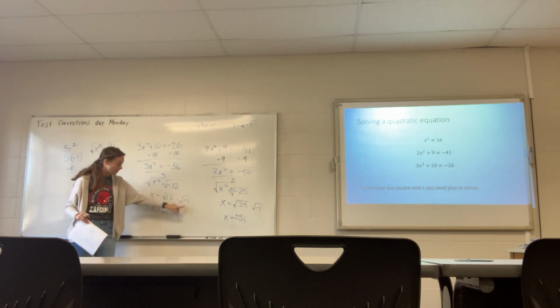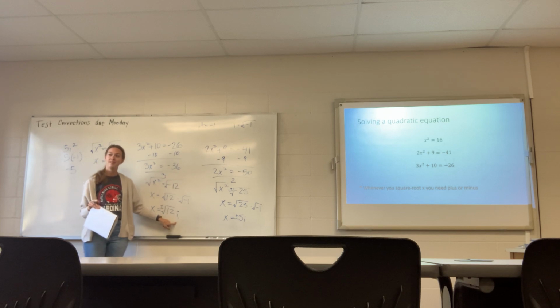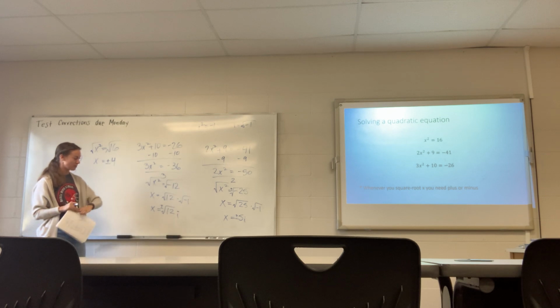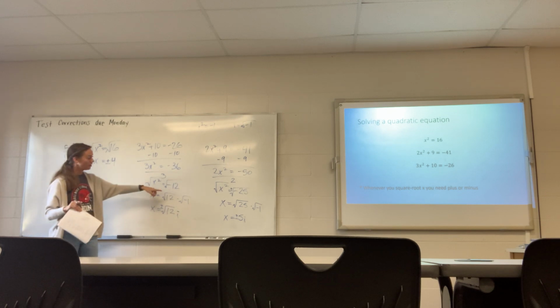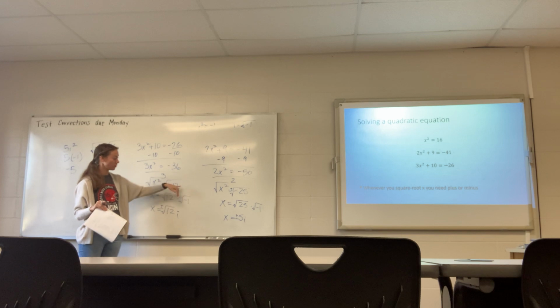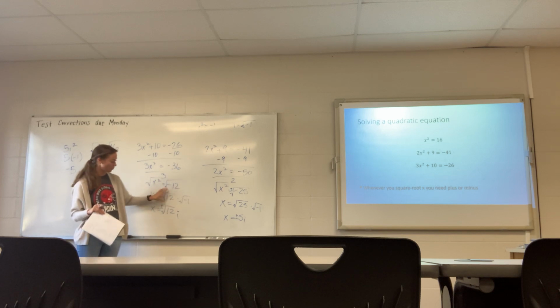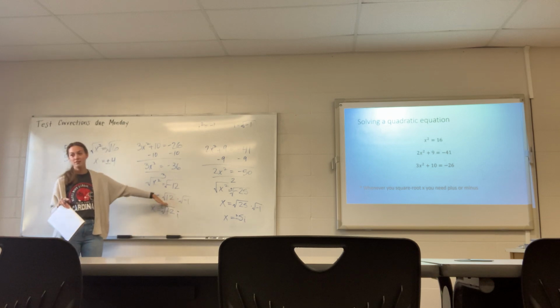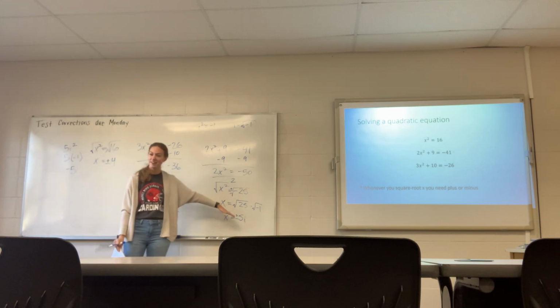So then this became i. I still don't get that portion. Okay, you come see me later and we can do some more. But basically, when we have the square root of a negative, we can break it into the square root of the positive times the square root of negative 1.